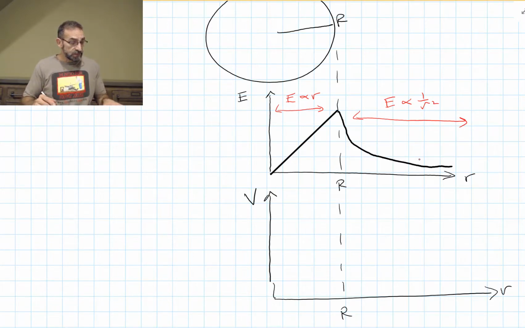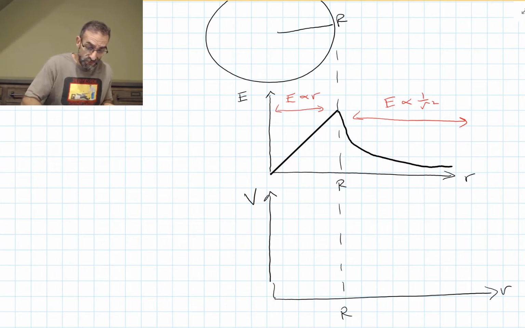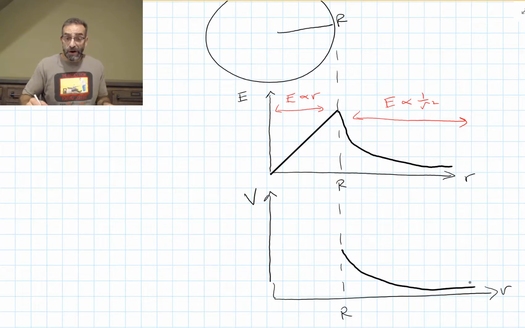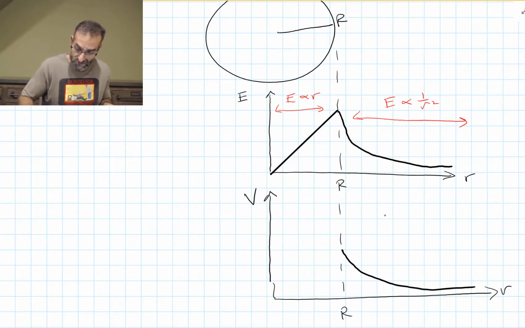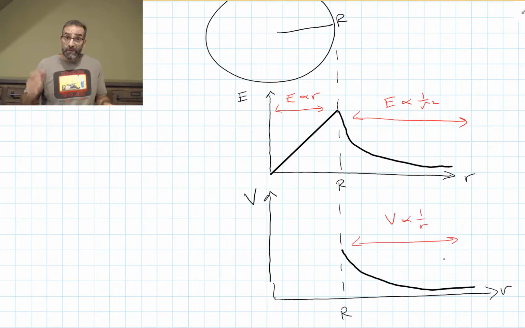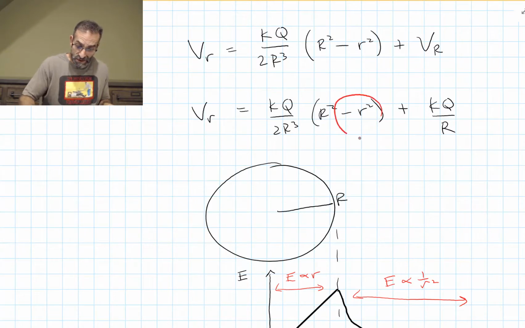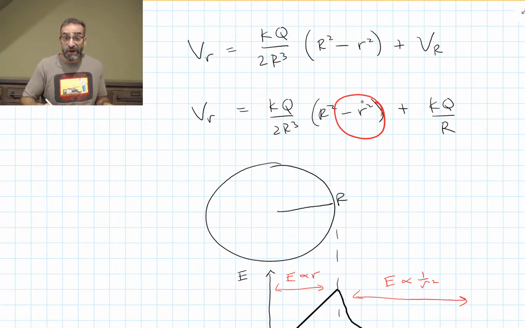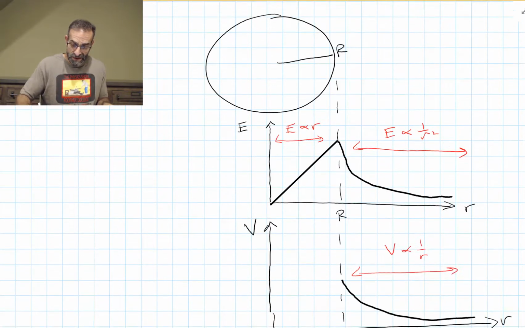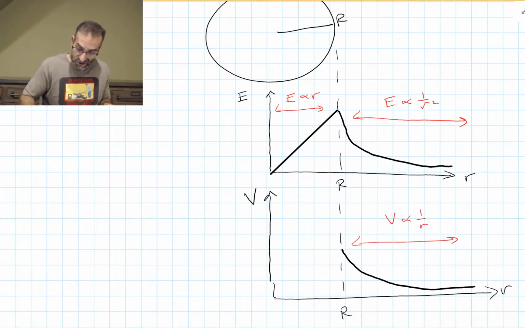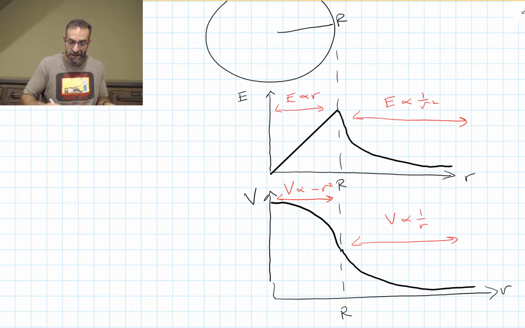The potential when we were outside of the sphere dropped off as 1 over r as we moved away from the sphere. But when we moved inside of the sphere, it was proportional to negative r squared. That means it looks something like this. V is proportional to negative r squared in this region here.